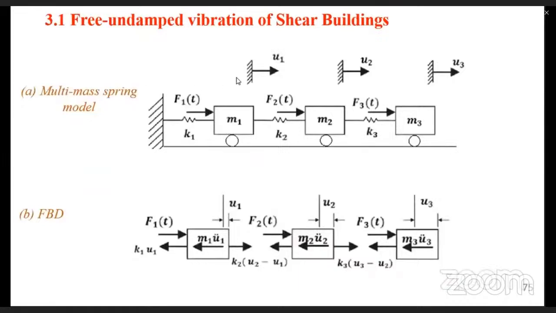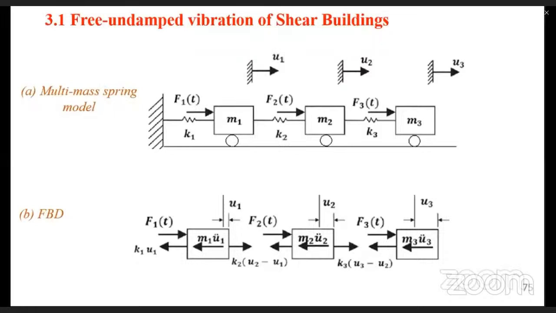Again here, you might use this or you might just avoid it. It tries to bring you the same picture that you had in the single degree of freedom case when we were using the mass spring model. We were looking at a mass to represent the mass of the system.